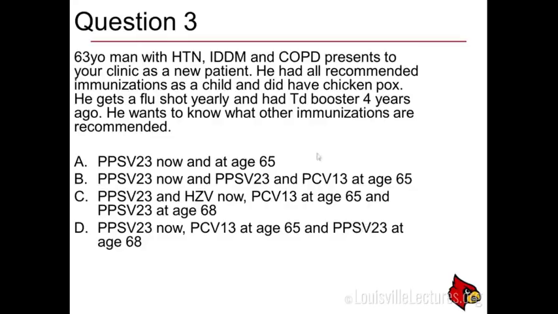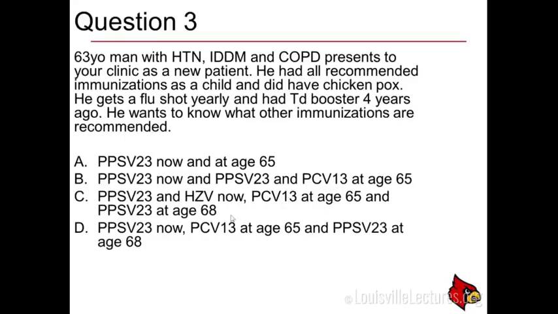All right, who is going to give Pneumovax now and then again at age 65? What about Pneumovax now and then again with the Prevnar at 65? And then what about this really long one? It's really confusing. It's Pneumovax and Zoster now, and then you're going to give the Prevnar at 65 and Pneumovax again at 68.